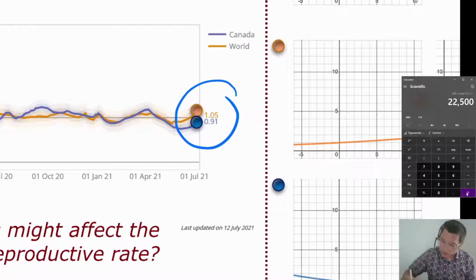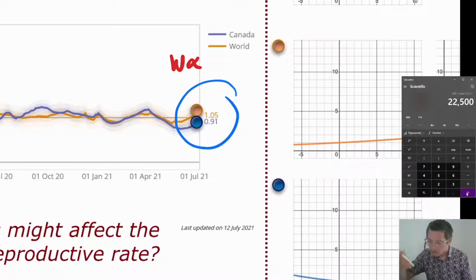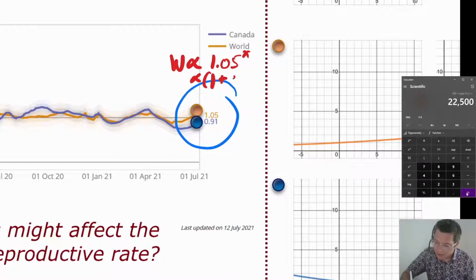So if I were to look at the world, and just for shorthand, I'm going to use: the number of infected is proportional to 1.05 to the x, and I might rewrite this as 1 plus 0.05 to the x. And so that's like plus 5% every single time.